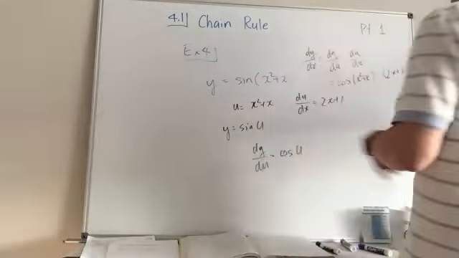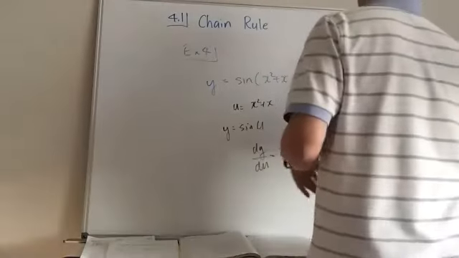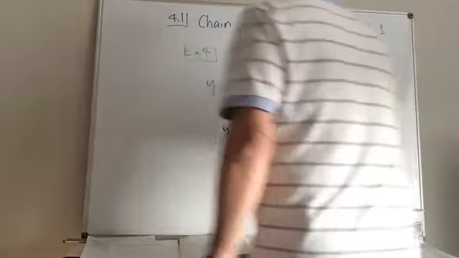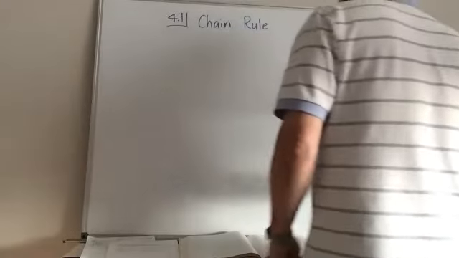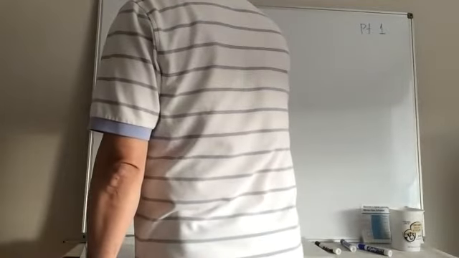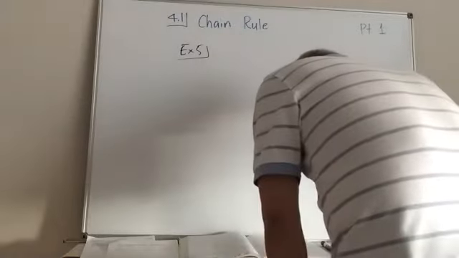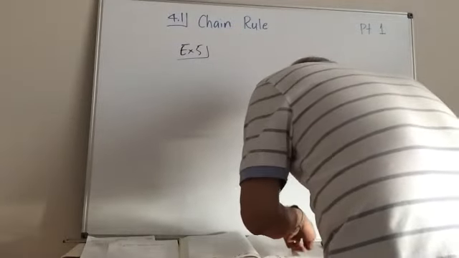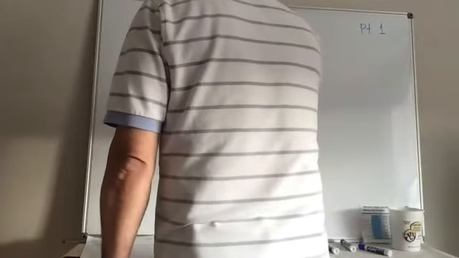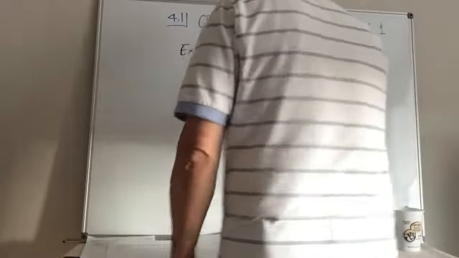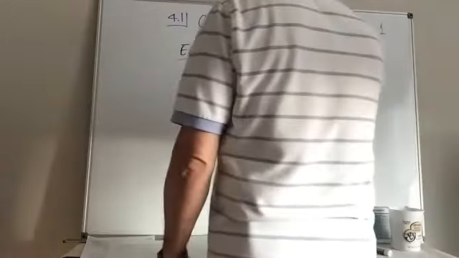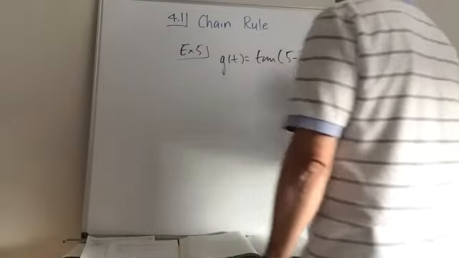Now, sometimes you're going to have to use the chain rule more than once. In other words, you can have a composite function of not just two functions, but three functions. So let's see if we can do example number 5. Find the derivative of g of t equals tangent of 5 minus sine 2t.